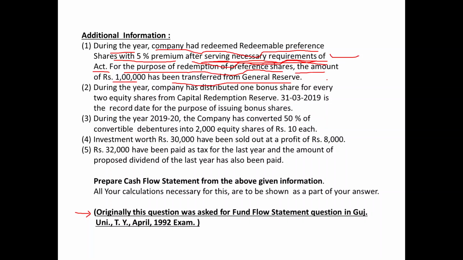Number 2. Preference shares can be redeemed either from A, distributable profits of the company that would otherwise be available for dividend, or B, from the proceeds of a fresh issue of shares made for the specific purpose of redemption of preference shares.